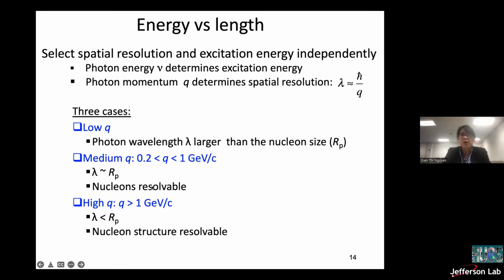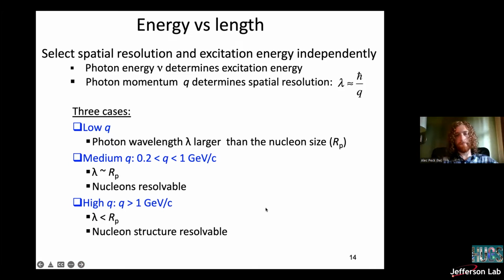Then we will have nucleon-resolving resolution. And now if we increase Q to a high value, larger than 1, then the wavelength of the virtual photon is smaller than the radius of the nucleon. Then you will be able to study the substructure of the nucleon. So it goes from the general concept to very quantitative values of Q that you can use to control your resolution in the experiment.